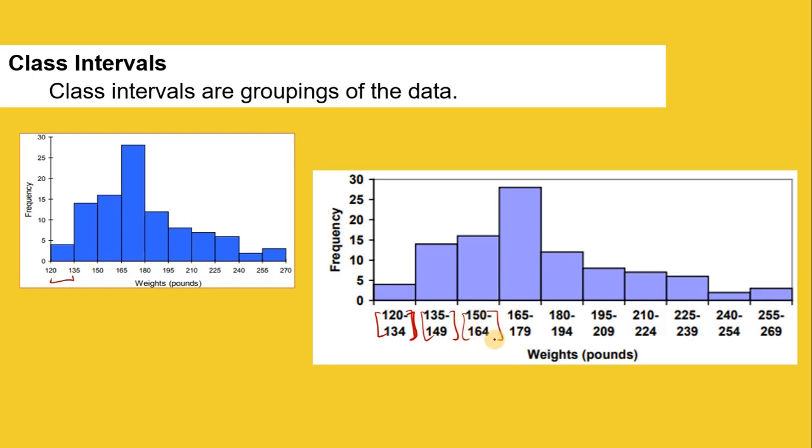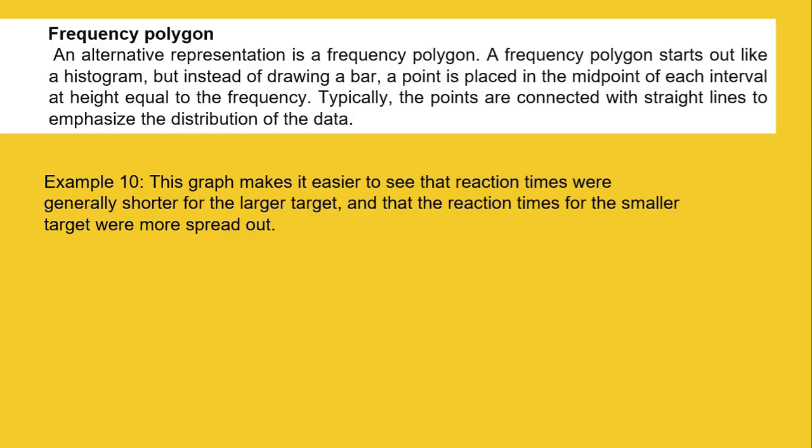Just follow the link again for more details. After that, you now know a crude way of how to make a histogram. Next, something related to the histogram is a frequency polygon.